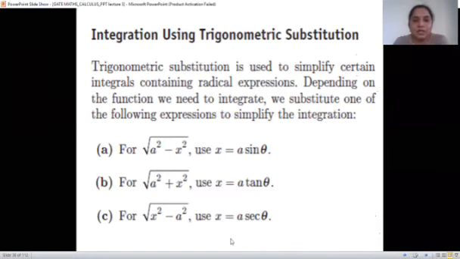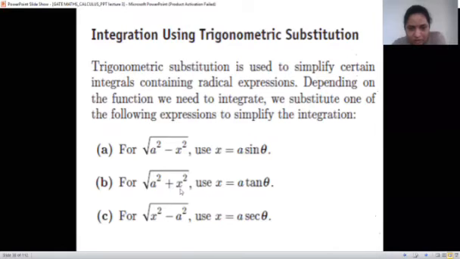Okay, and then integration using trigonometric substitution. Wherever we see root of a square minus x square, you have to use the substitution x is a sine theta. And for root a square plus x square, use x is a tan theta. If minus x square, then a sine theta.